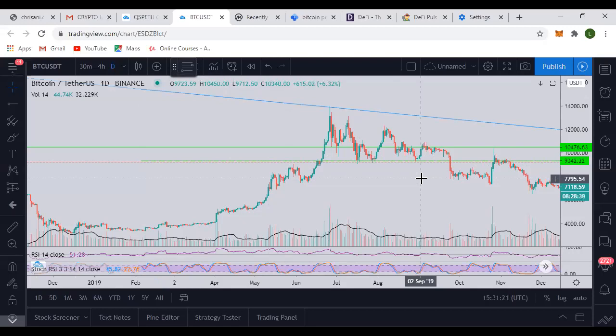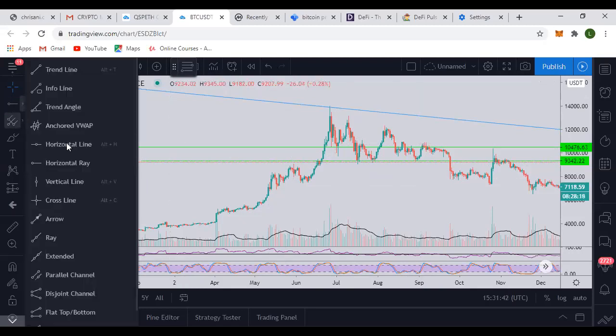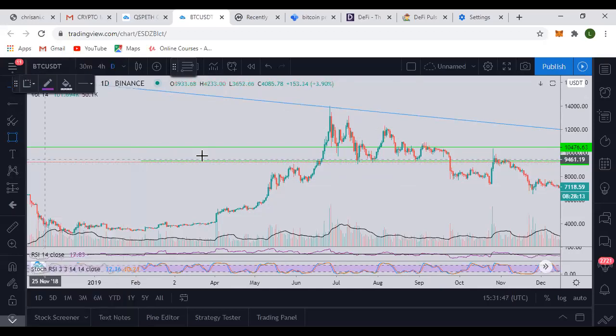Note that when we say support, it doesn't necessarily mean a particular figure. There can be a range of prices that act as support or resistance. What do I mean? Instead of just having a line here, I'll draw a range here.